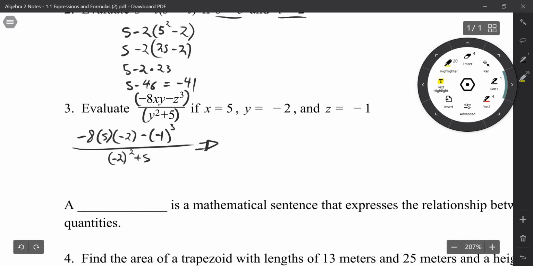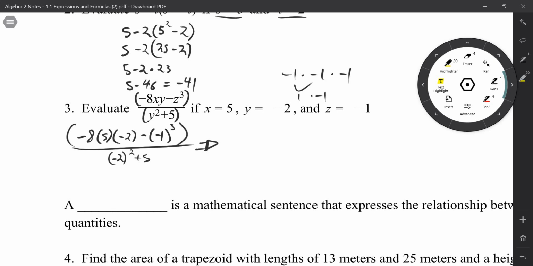So on this top portion, this huge bracket up here, are there any exponents? Yes, there are. The -1 times -1 times -1. Well, no, two negatives equal a positive. So that's just going to give us 1 times -1. 1 times -1 is -1. Perfect.